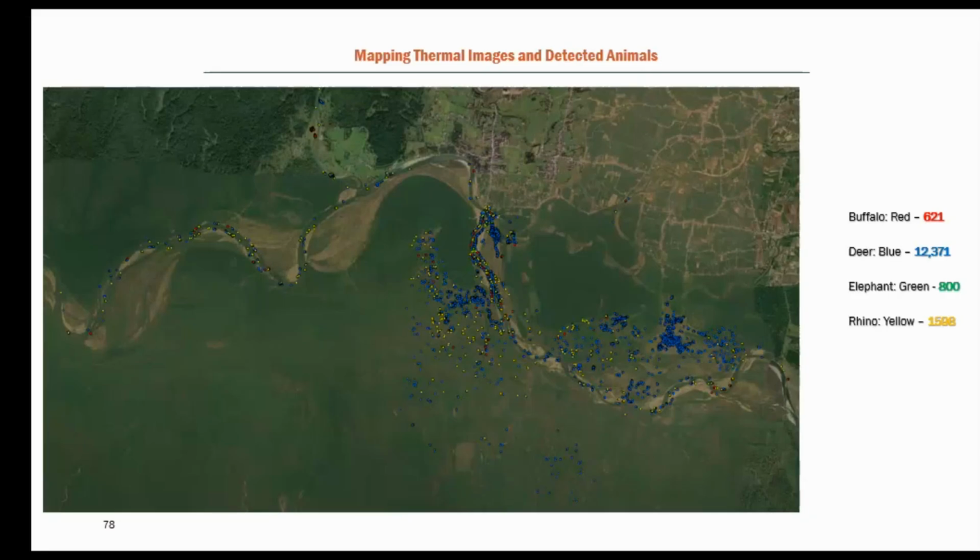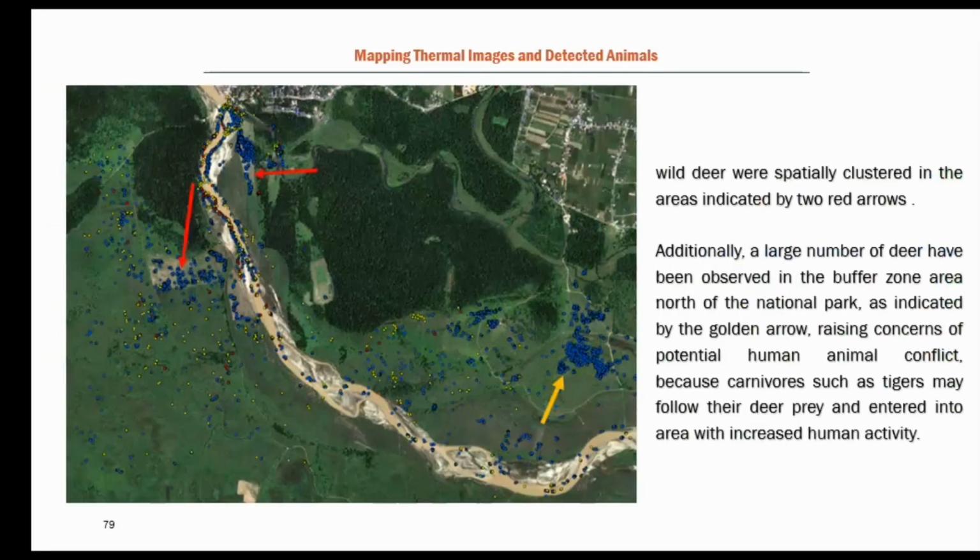Buffalo, deer, and elephants are respectively shown in red, blue, green, and yellow. It is obvious that wild deer are much more active than other animals. That's why wild deer are usually regarded as the health indicator of a national park. This distribution also can provide ecology scientists with some important findings.